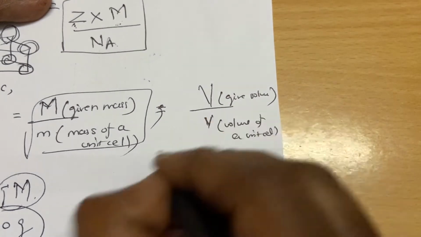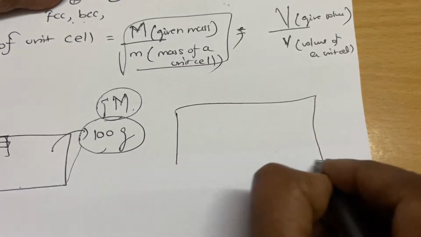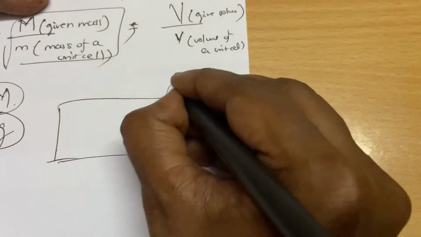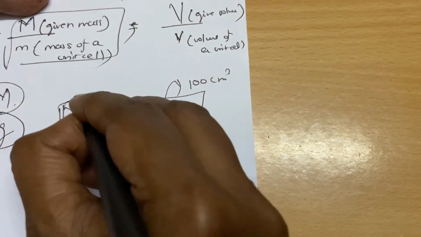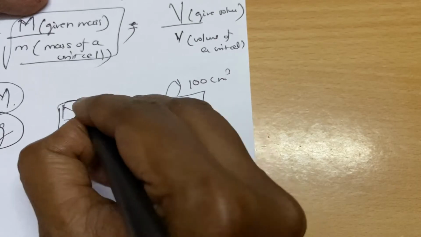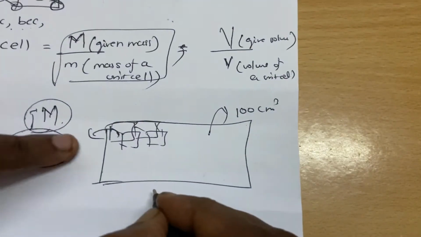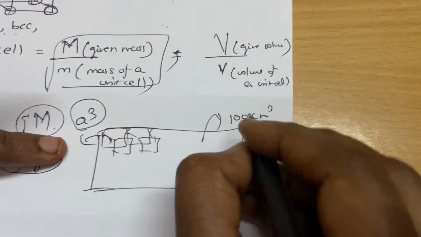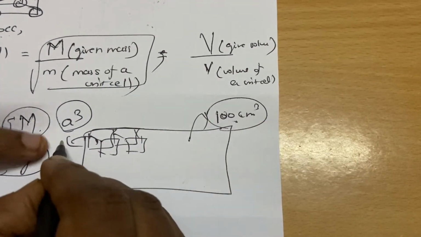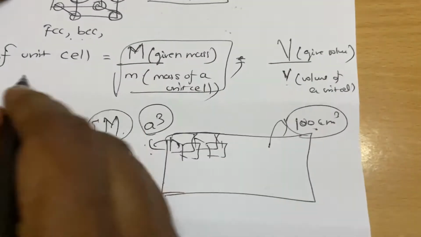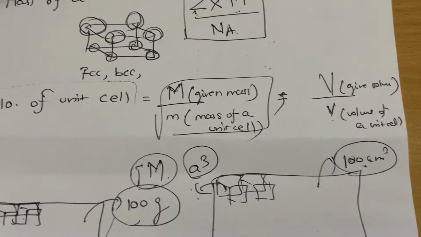If an element occupies a volume of 100 centimeter cube, there will be so many unit cells present in it. The volume of a single unit cell will be a cube. If you divide the given volume by the volume of a unit cell, you will get the number of unit cells.